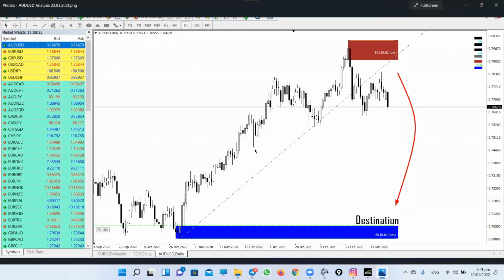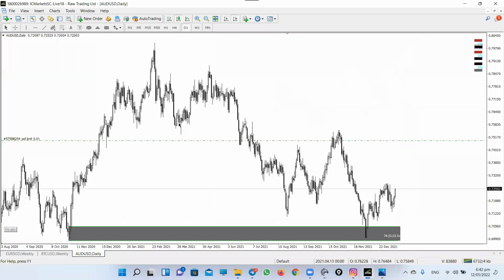Let me show you my old analysis of Aussie USD from the 23rd of March 2021. I shared that analysis on Instagram. So here, when market broke the trend line, market took orders from here, and that was our destination point, the same area. If you see right now what's happening, this is our area.